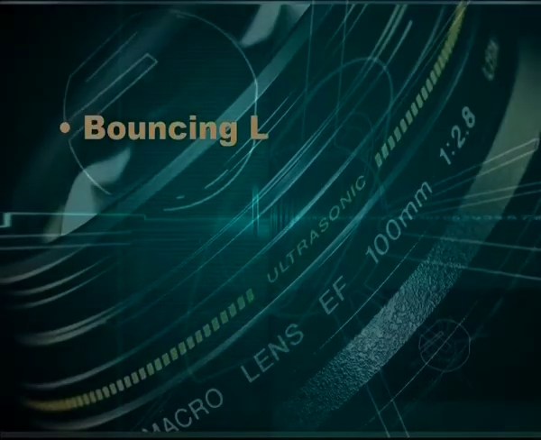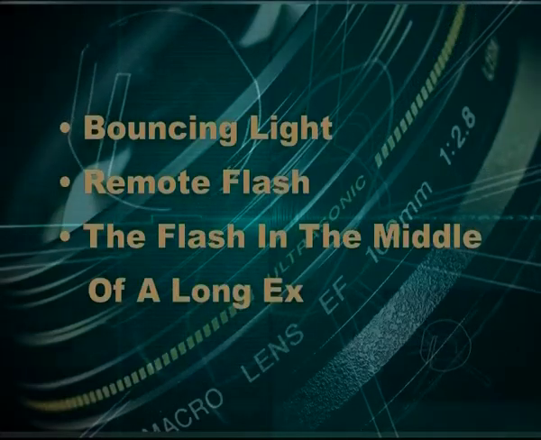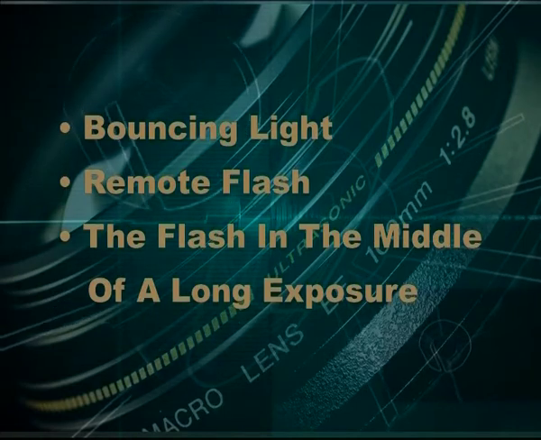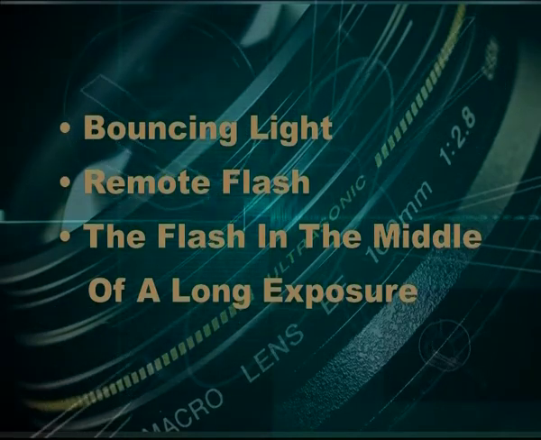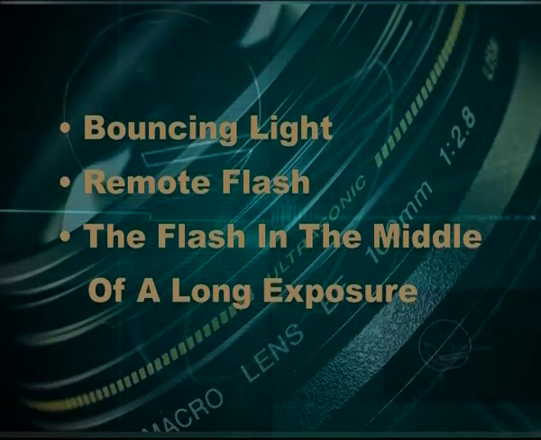The photographers use several techniques to make the right use of flash. These include bouncing light off a reflective surface, using a remote flash, or using the flash in the middle of a long exposure. However, it takes much practice and working in different light situations to master these tricks.